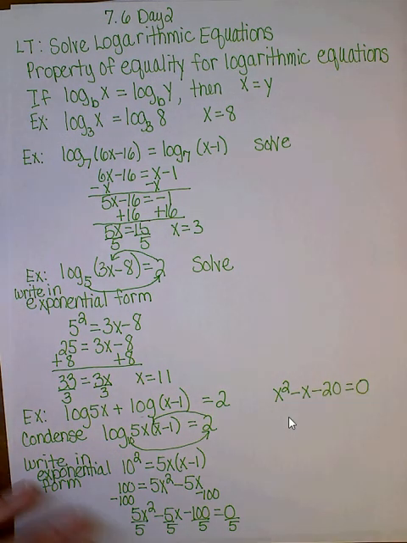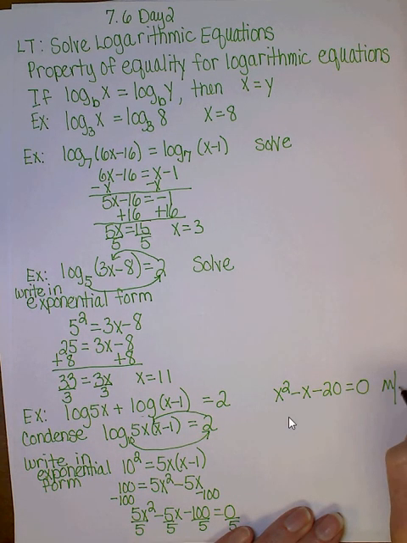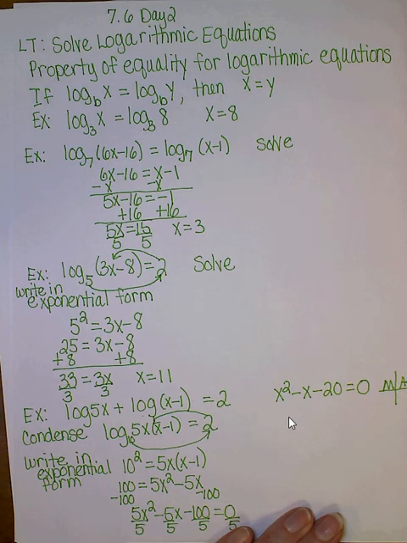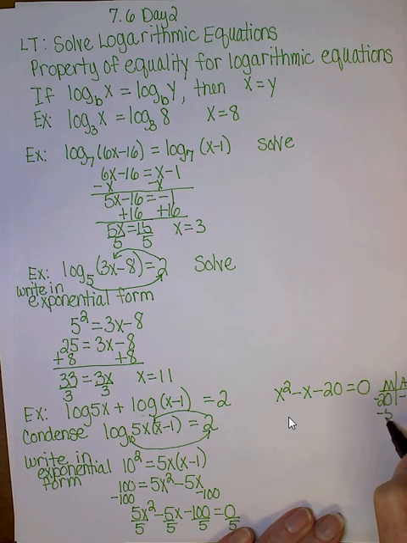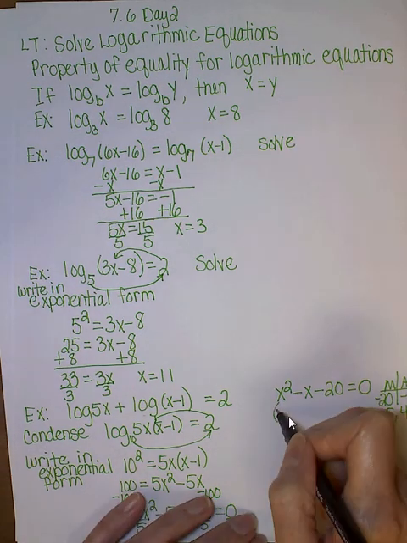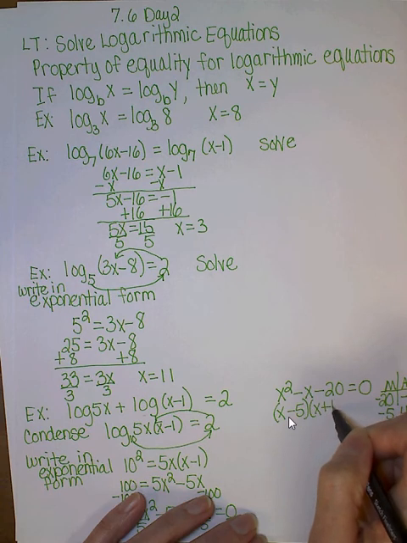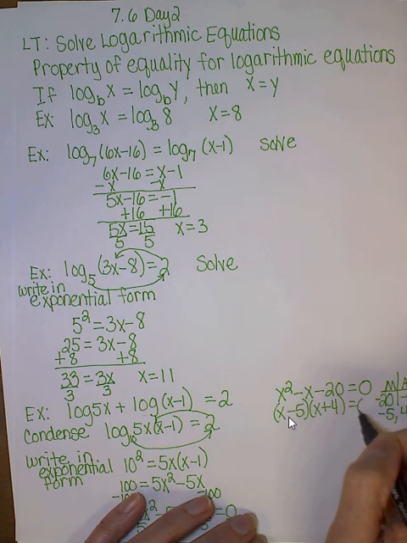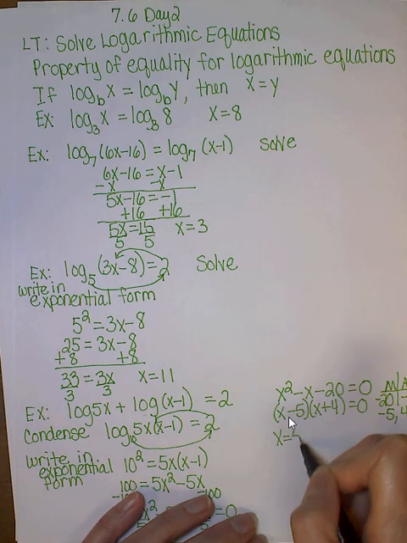Alright, so we have a quadratic, and we can either factor it or use the quadratic formula, but this time it will factor. So two numbers that multiply to be negative 20 and add to be negative 1 would be negative 5 and positive 4. So then we'll factor it. So we get two possible solutions for x.